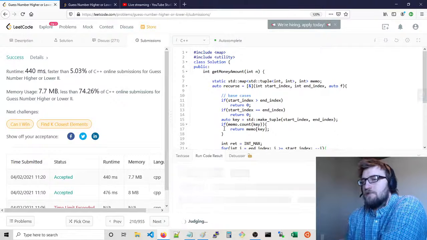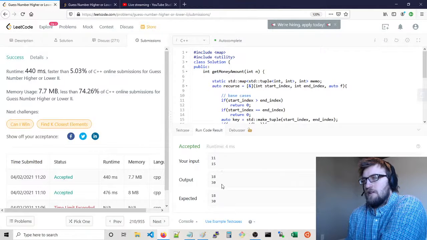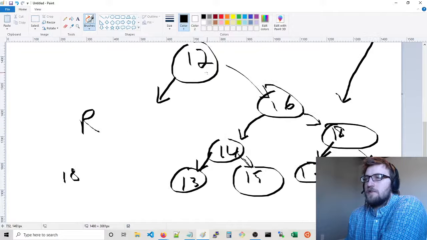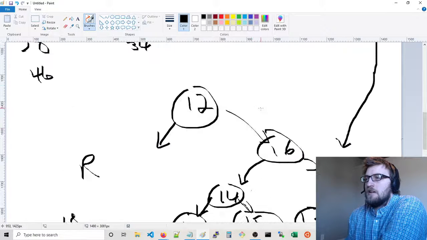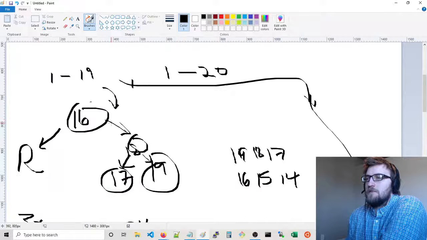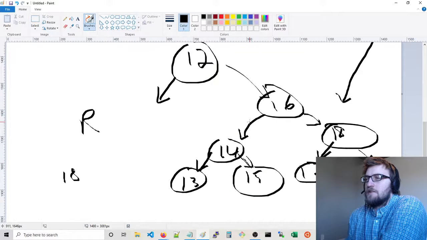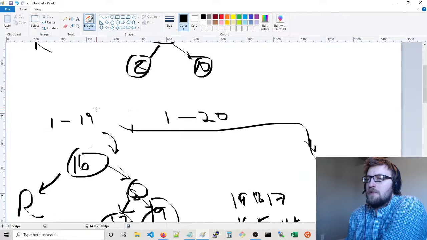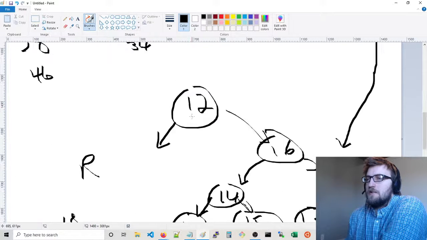I'll explain why this is meaningful, relevant here. 18 on the left side. So this gives you 18 on the left side. So 18 plus 12 is 30, and this is wrong though, what I'm doing. This is actually incorrect. Why do I think 19 was the one to do it on?